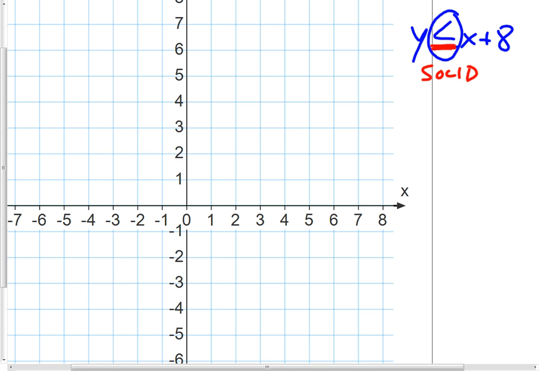If you say everything, then you're right. What about the less than? What does that tell me? So what is that? We're going to shade down.